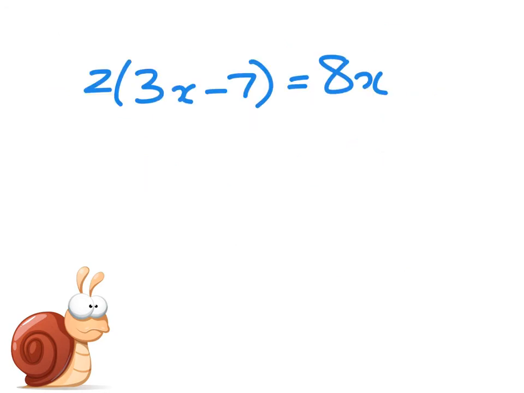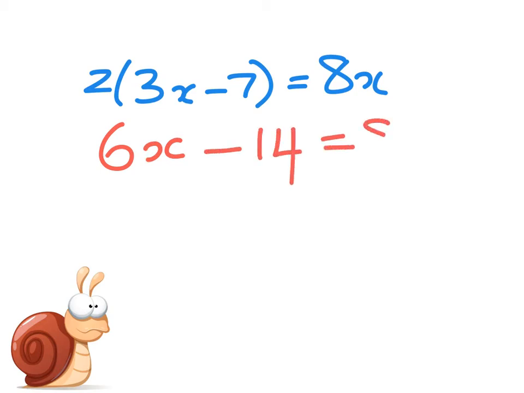The second one, it's got some brackets in it, so we know we remove the brackets. So 2 times 3x is 6x, 2 times 7 is 14, and the 8x stays there. Now if you notice, there's a difference here between this question and the other ones we've been doing recently. 6x here, 8x here. Sometimes it's helpful, but not usually, to have the big x on that side.